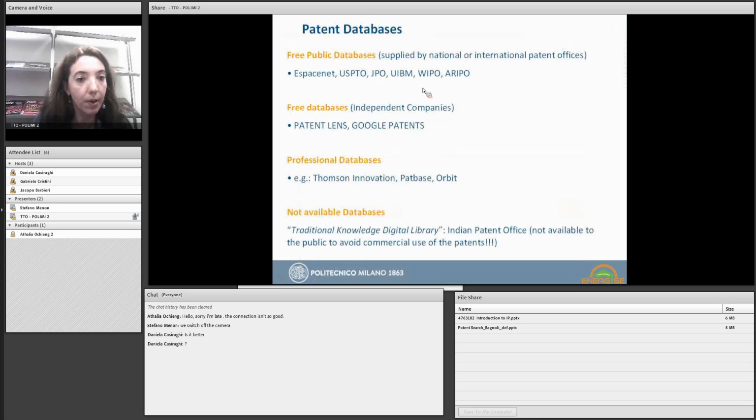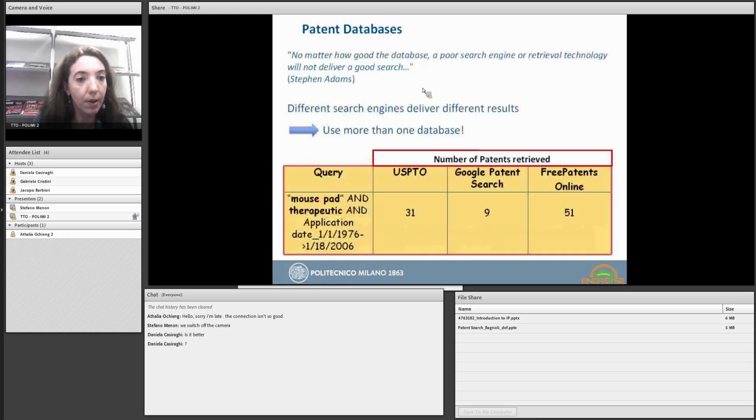Where to search? We have several databases that you can use for prior art searches. Some of them are free public databases, others are professional databases that are not free, and some other databases are not available to the public. For instance, the Indian Patent Office has its own database that is not available to other countries. Why do we have different databases?